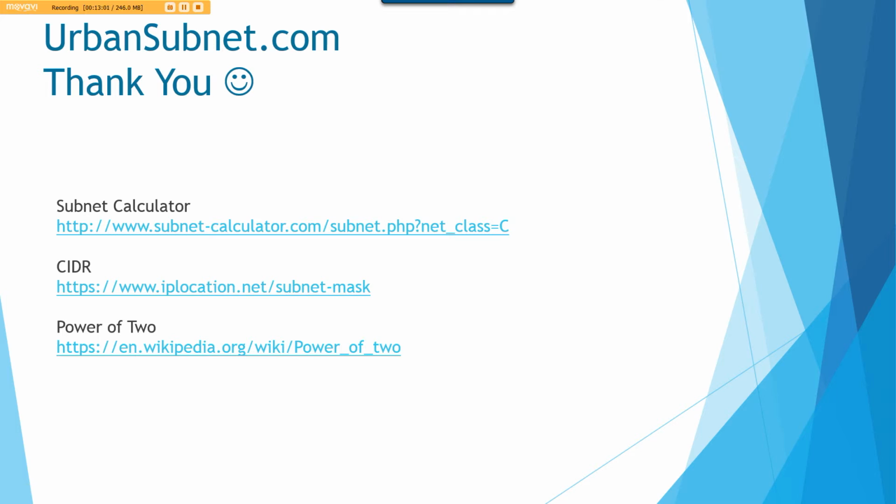Now, I want to share with everyone a couple of links here that will be helpful. I found them helpful when I was working, and still working, in the IT field. The subnet calculator is a calculator where you can put in your network numbers and your subnet mask, and it will spit out which networks and subnets you have and how many of each are available, based on the numbers you put in.